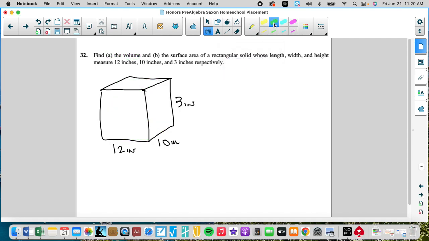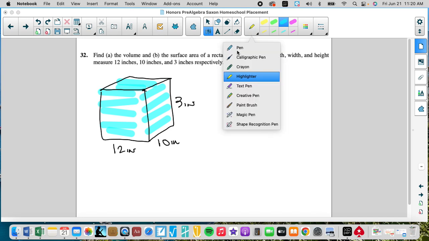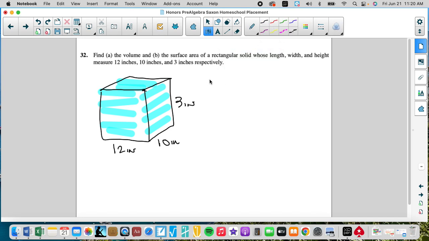Now surface area. Remember, surface area is the outside. So it's the outside skin, not the inside. Surface area equals lateral area plus 2 base area. Our lateral area is going to be a rectangle, and it's going to be the perimeter around.